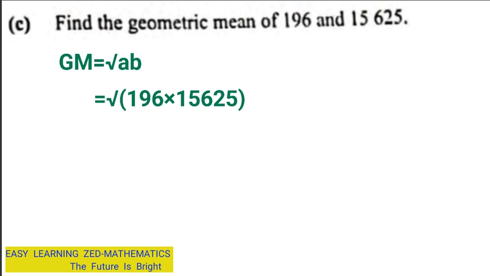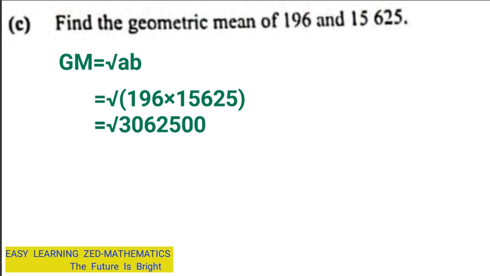Okay, basically what you need to do now, first you need to find the product of these two numbers. In other words, the sure way is you need to find the product of these numbers without a square root. Okay, so if you are punching these numbers, first you punch them without a square root. Then you copy them somewhere, then you come and punch a square root plus the product you're going to get, like the way I've punched it.